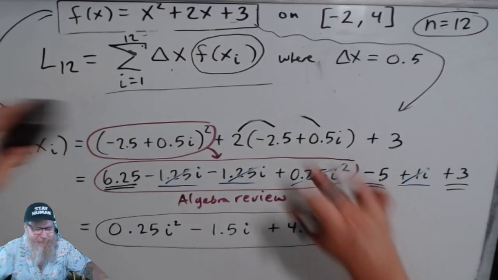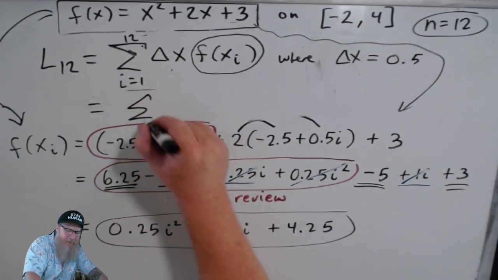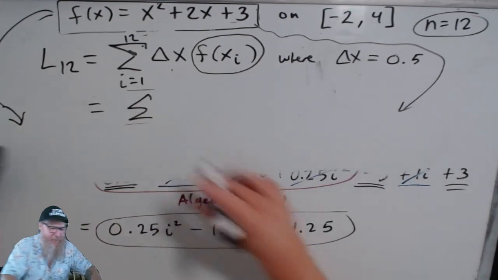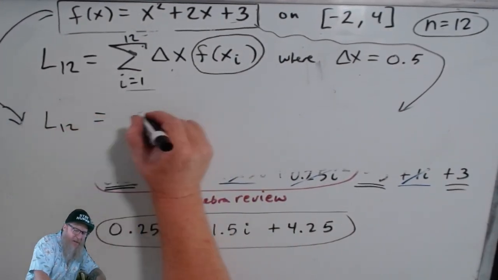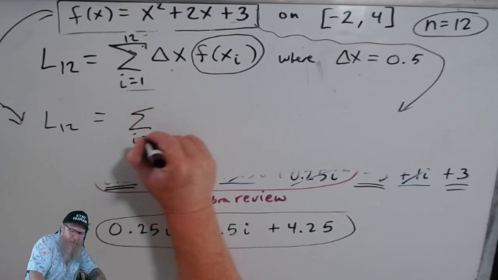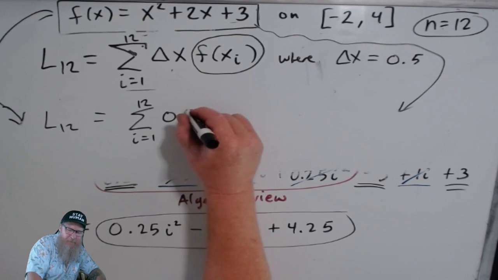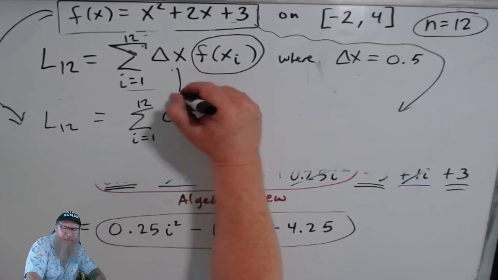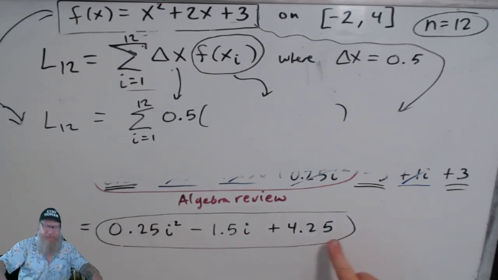All right. So we're doing L12. So we have the sum. L12 is the sum from i equals 1 to 12. Delta x was 0.5. And then f of xi is what we just worked on.